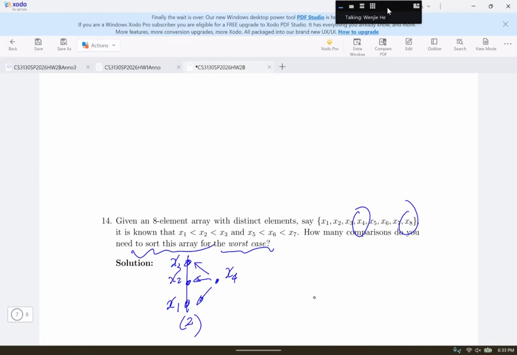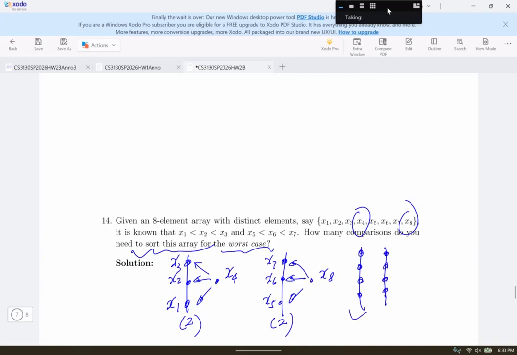Then this side, x7, x6, x5, we need to do binary insertion here. We need another two comparisons, right? After these four comparisons, we have two ordered arrays with 4 elements each.